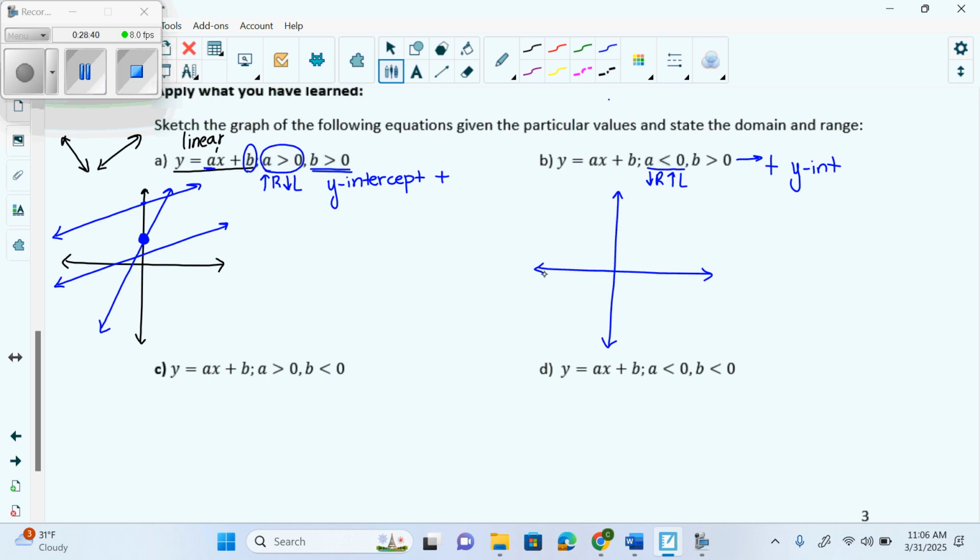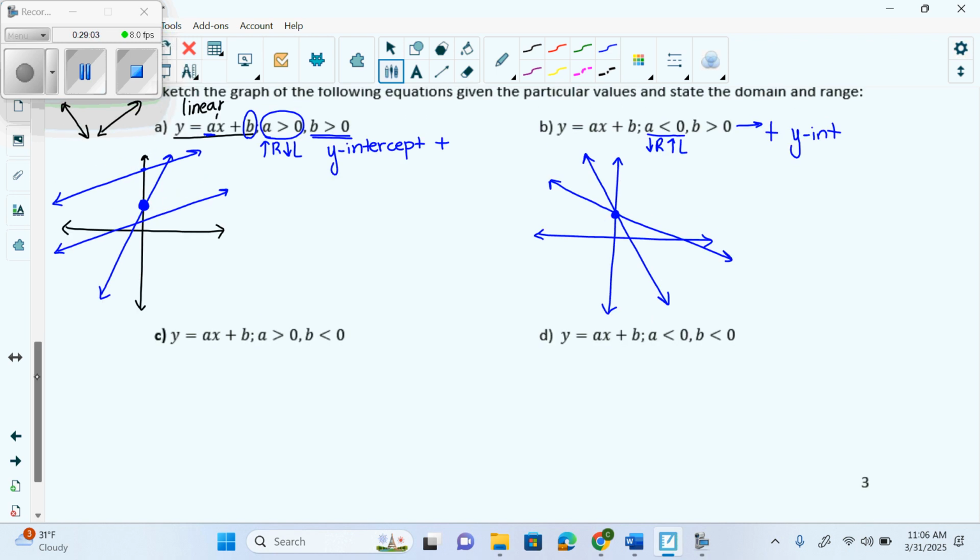So we need a positive y-intercept. There. And then we need to be down on right, up on left. Something like that. Could it be more like flatter? It could be like this, correct? Can it be completely horizontal? No, that would be a constant function, not linear.